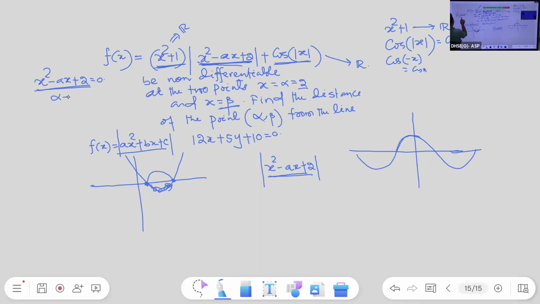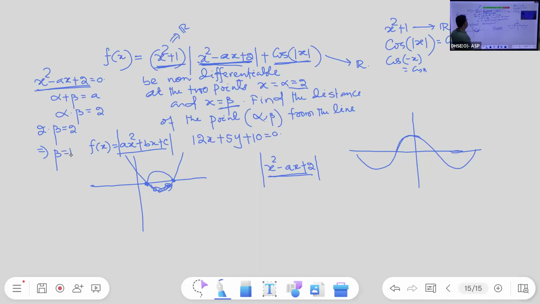So the sum of the roots alpha plus beta is equal to minus b by a, and the product of the roots alpha beta is equal to 2. Okay. If one of the roots is 2, alpha is equal to 2, then 2 into beta is equal to 2. This implies beta is equal to 1.